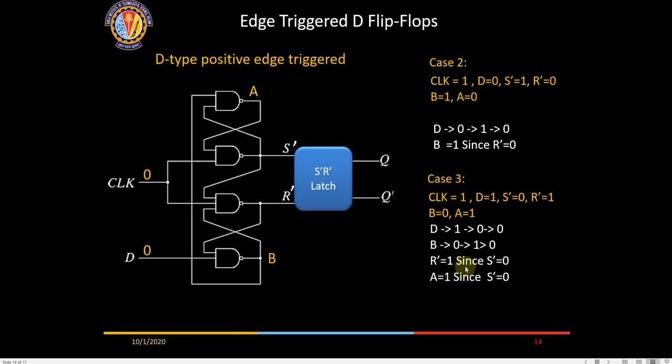So in this case also, whatever changes in D are not going to get reflected to the output. Now A is going to remain stable here. So even if there is a change in B, this R dash and A and S dash will remain constant. So whatever is the change in D is not going to get reflected here.